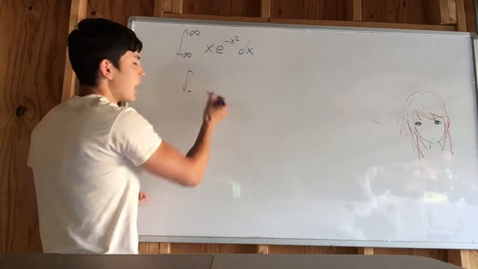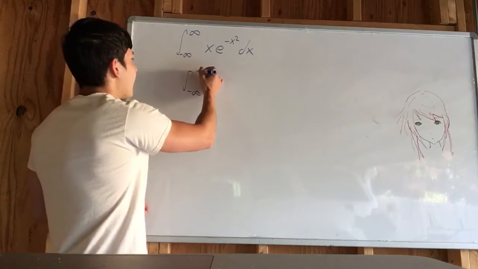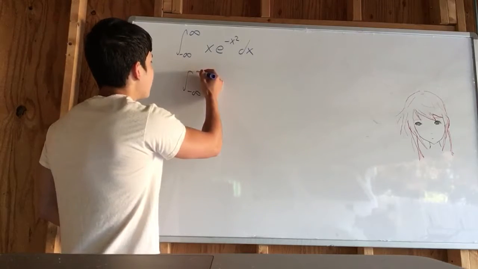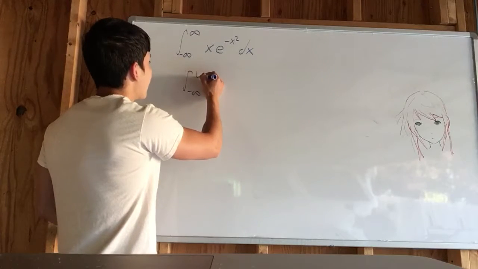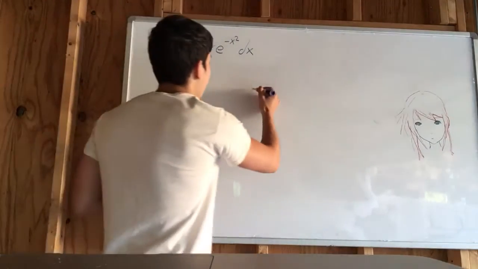So we could choose any value in between negative infinity and infinity, if you want to look at it as being in between, which it is. So we've got 0 is what I'm going to work with.